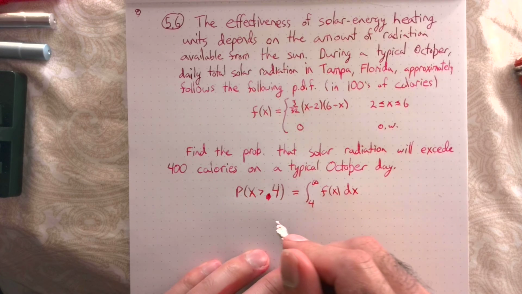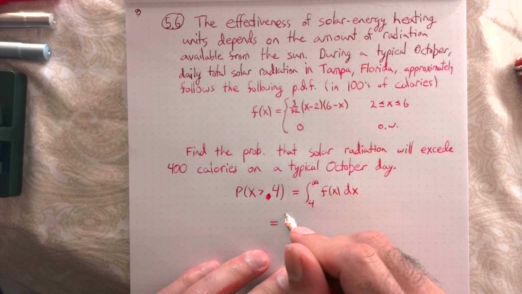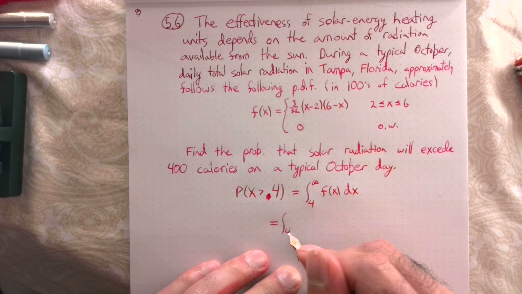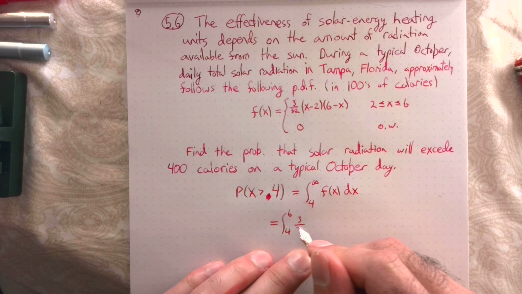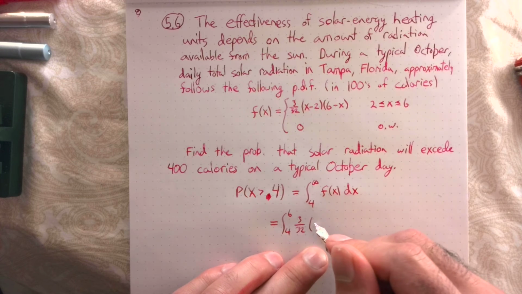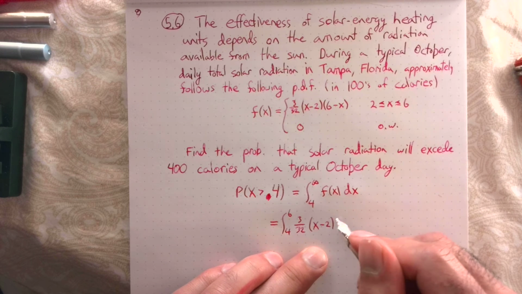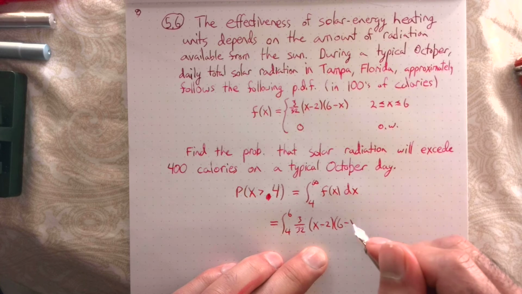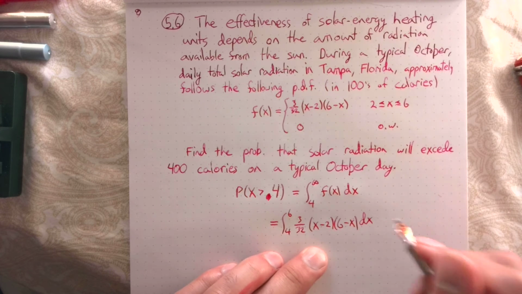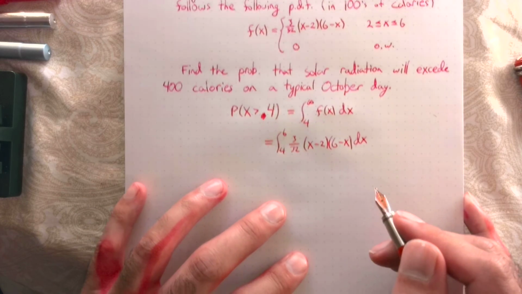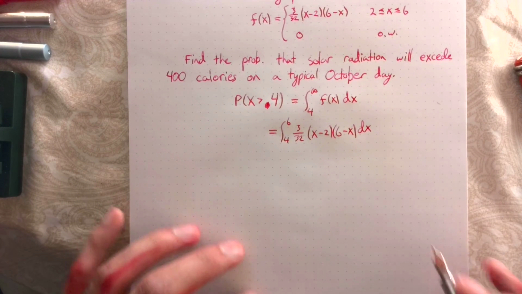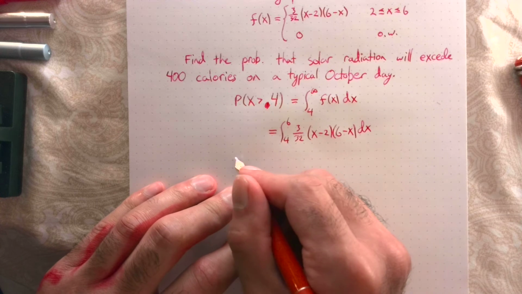So this is going to become the integral from 4 to 6 of 3 over 32 times (x minus 2) times (6 minus x) dx. So let's pull out this constant, and then we can FOIL this. So I think that's the way to proceed.